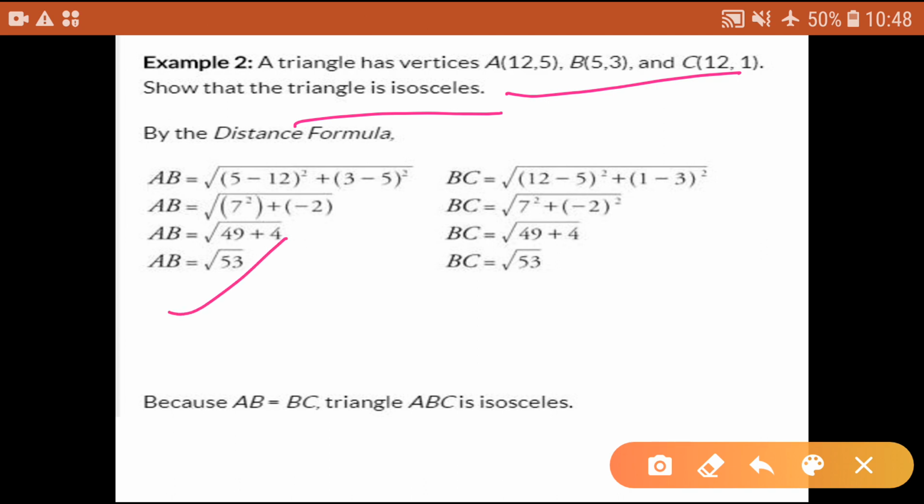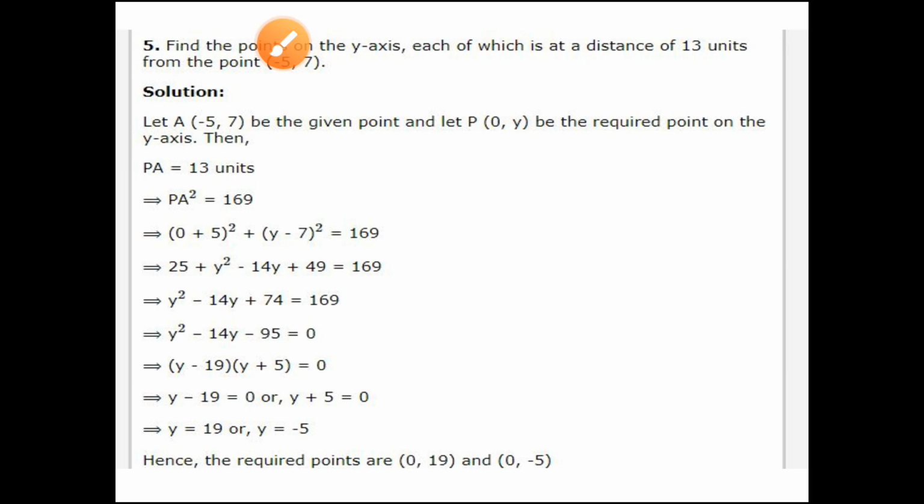So when we find AB and BC using distance formula, using the endpoints, in one place taking one as x1 y1 and the other as x2 y2, and similarly in BC also, you can see that AB equals BC equals root 53, and therefore the triangle ABC is isosceles. Similarly, if it is asked to prove that this is an equilateral triangle, then you will show that all the three sides are equal.